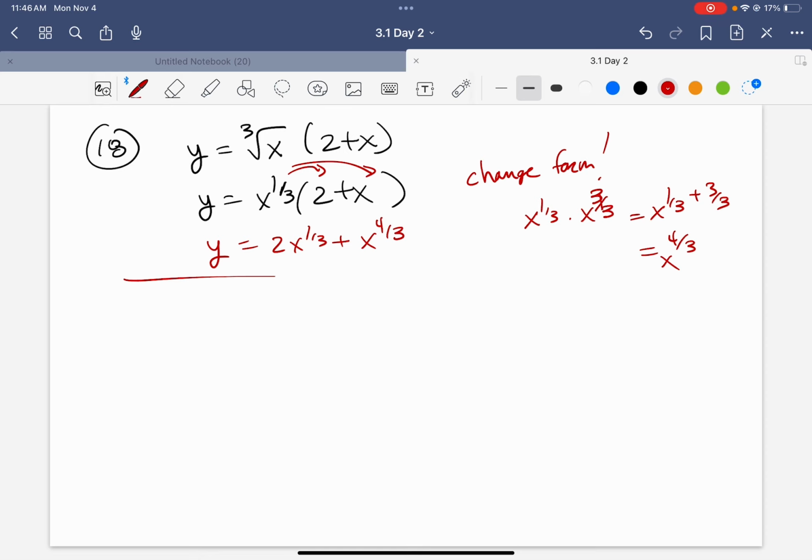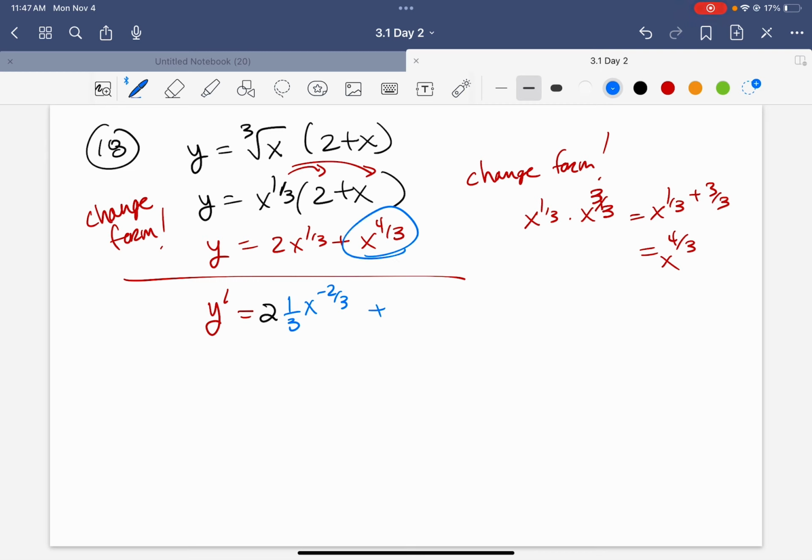So that's my function. Now I draw a line and say, now I realize I've changed the form, and now you can take the derivative. So the derivative is 2, so I'm going to pull out the constant 2, and then the derivative of x to the 1/3 is 1/3 x to the negative 2/3. And the derivative of x to the 4/3 is 4/3 x to the 1/3 when I subtract 1.